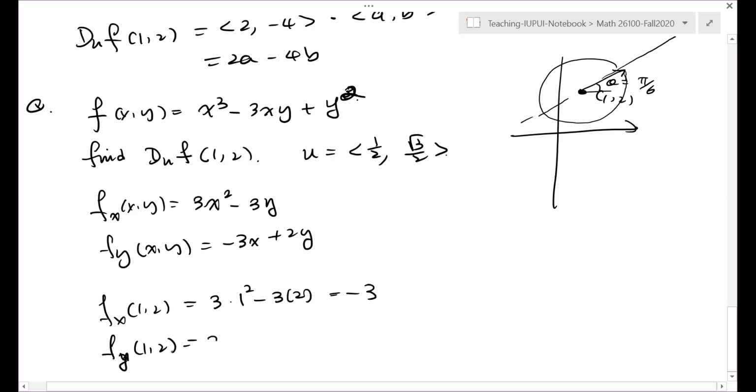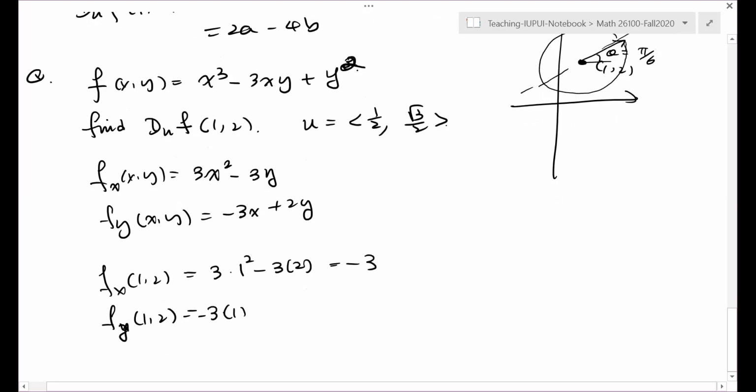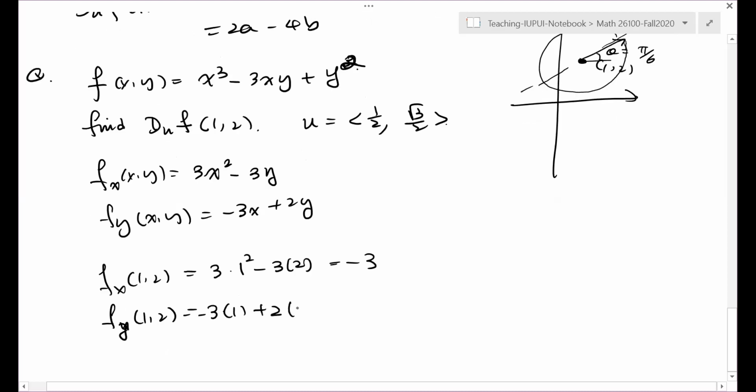Then negative 3 times 1 plus 2 times 2, so that would be 1. So you have the partial derivatives at that particular point.